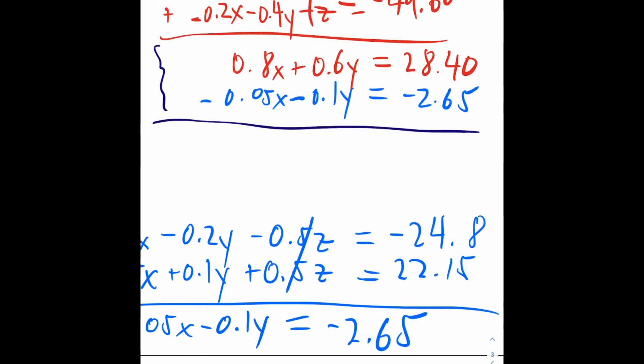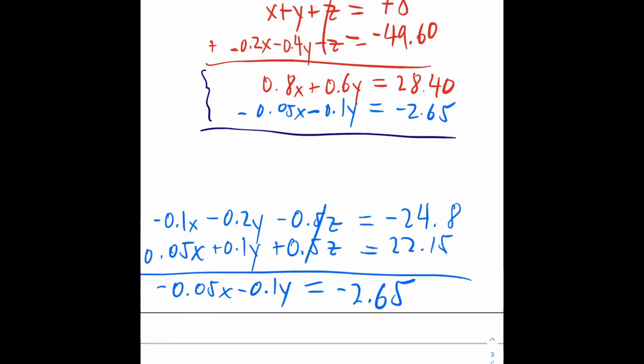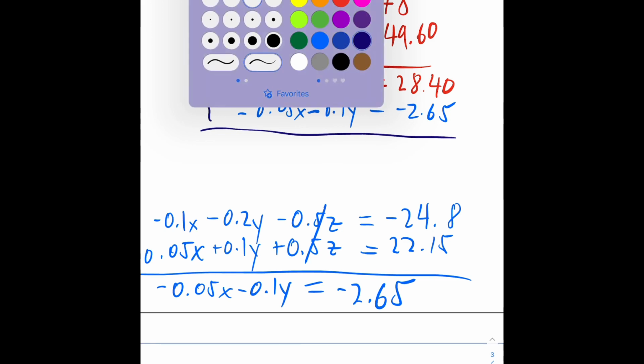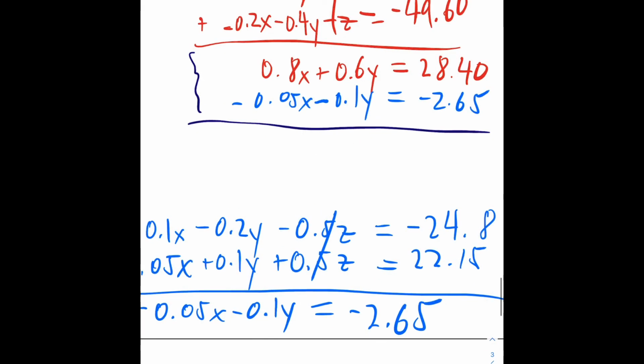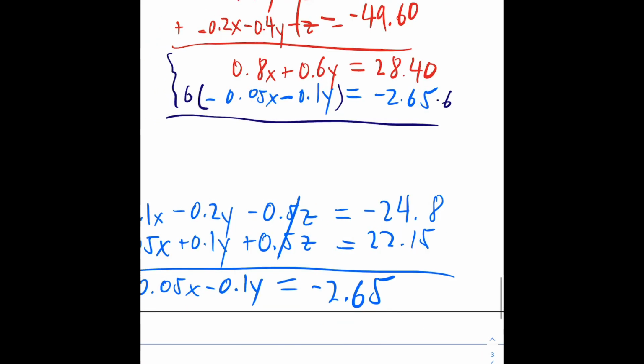I think the easiest thing to do here is probably to multiply this by 6. That'll give me a positive 0.6y. I can add it to this. That'll cancel, okay? All right. So then we're going to multiply both sides of this by 6. All right, so we get 0.8x. Let me just copy that top equation down real quick.